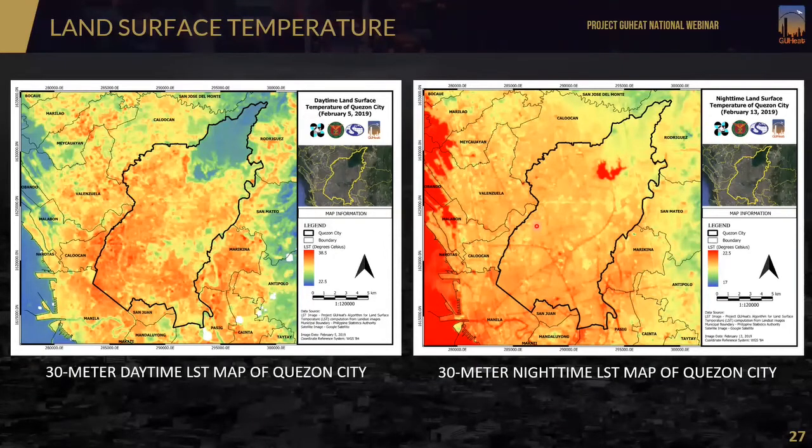In the left image, we can see the Mesa Reservoir having low temperature relative to its surroundings. But at nighttime, you can see it has higher temperature. At nighttime, we also notice the roads, which are relatively warmer compared to the other areas which have already cooled down.